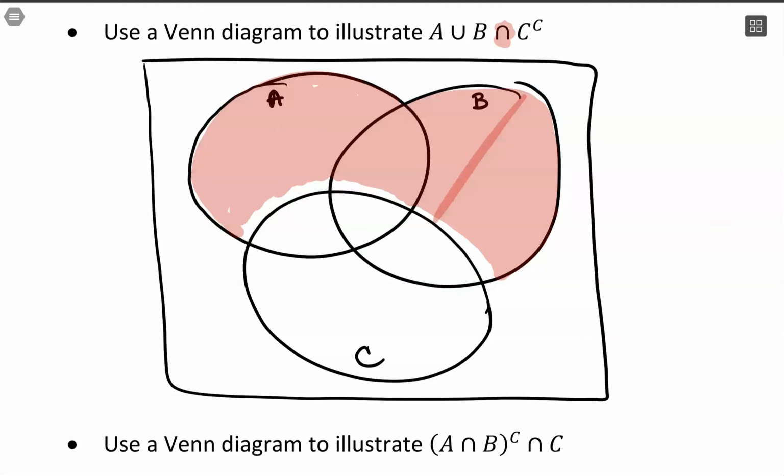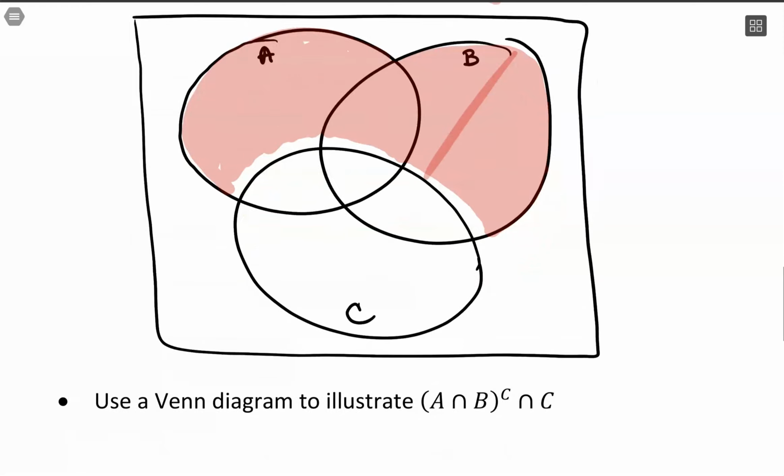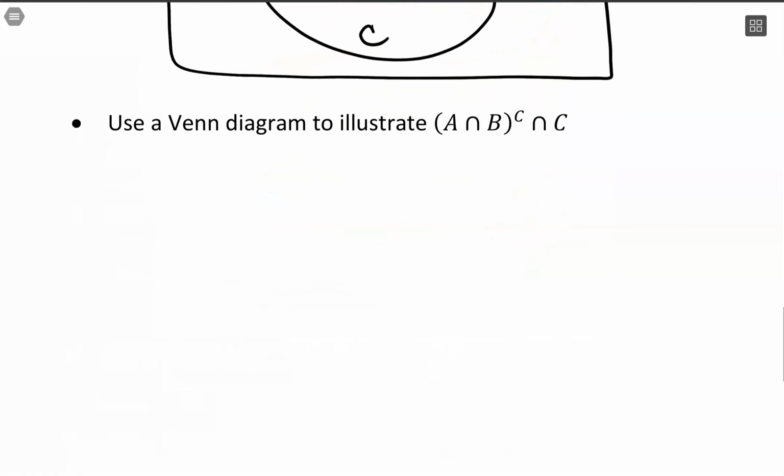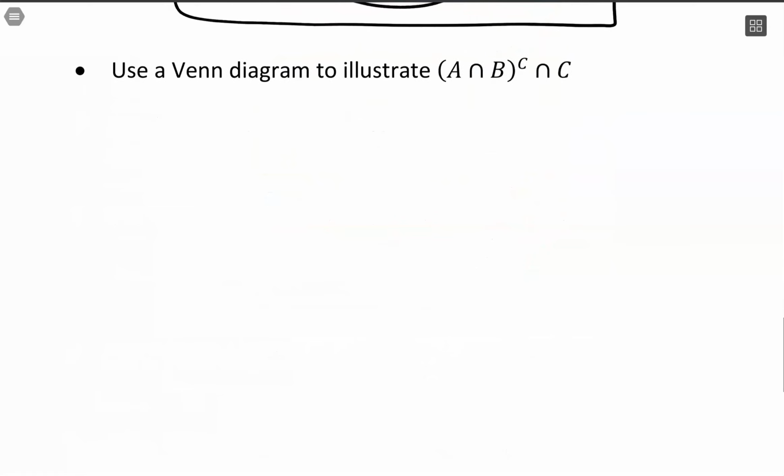There we go. Extra line there, but I don't think I can get it to erase it. But this idea of I would have everything in A and B, but I'm excluding C. So at the same time, I would want to take out anything from C, and it would leave me with those areas there.